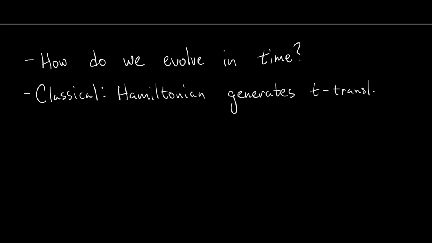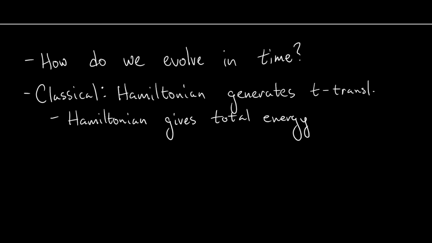So our Hamiltonian is what actually determined our time evolution in just classical mechanics. But we also know that the Hamiltonian also gives the total energy of a system, again, classically.